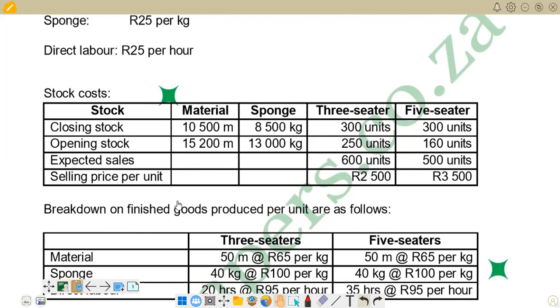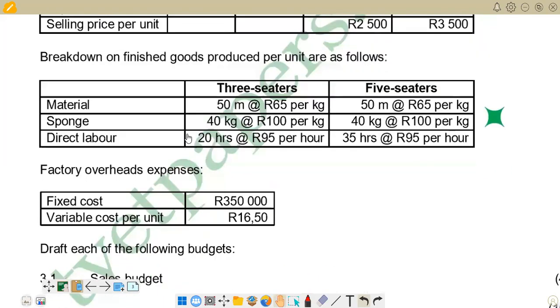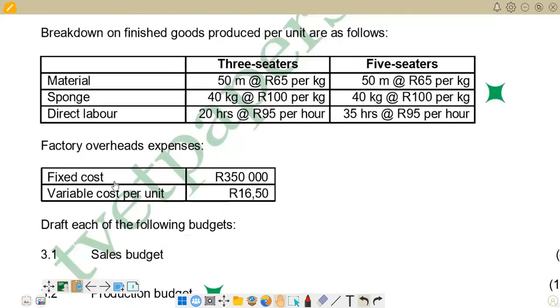Then we've got the breakdown on finished goods produced per unit as follows. We also have columns for 3-seaters, 5-seaters, and we have material, sponge, and direct labor. Then lastly, we have factory overhead expenses, where we have a fixed cost of 350,000 rands and variable cost per unit, which is 16 rand 50.